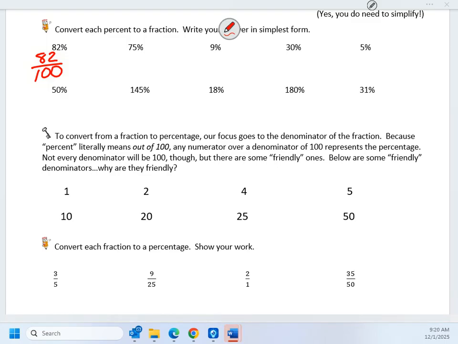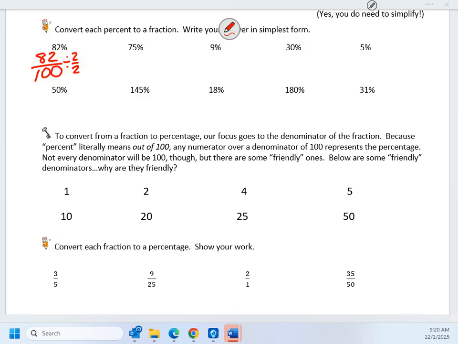What do we have to check? Can it be simplified? Is there a number I can divide out of the top and the bottom? Yeah, 2. I can divide them both by 2. We know from our divisibility rules, 82 and 100 are both even numbers. We can divide them by that 2.